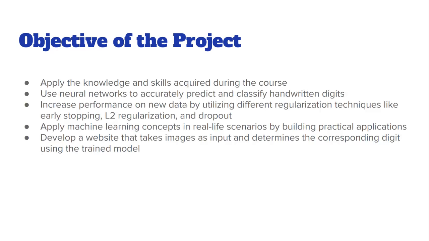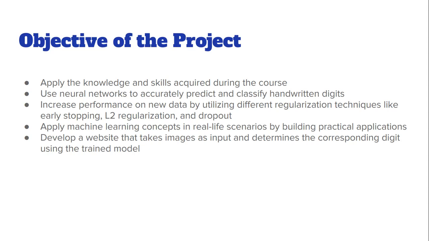Our objectives in this project. This project had several objectives that we aimed to achieve. The first one was to apply the knowledge and skills we acquired during the course to a practical problem. The second one was to use different neural networks to achieve high accuracy over a classification problem.